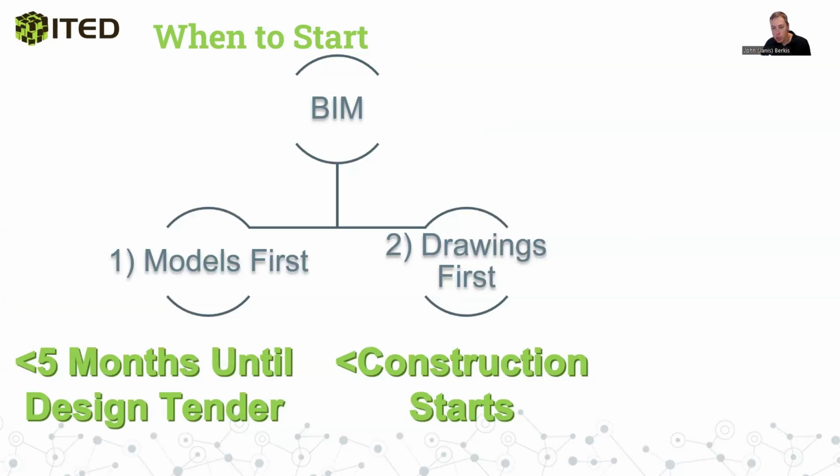For the second strategy, which means that the models are created from the drawings at some point, it's recommended that you, of course, do it as early as possible, but the latest would be very early in the construction phase. But the later you do it, the fewer possibilities to change something.